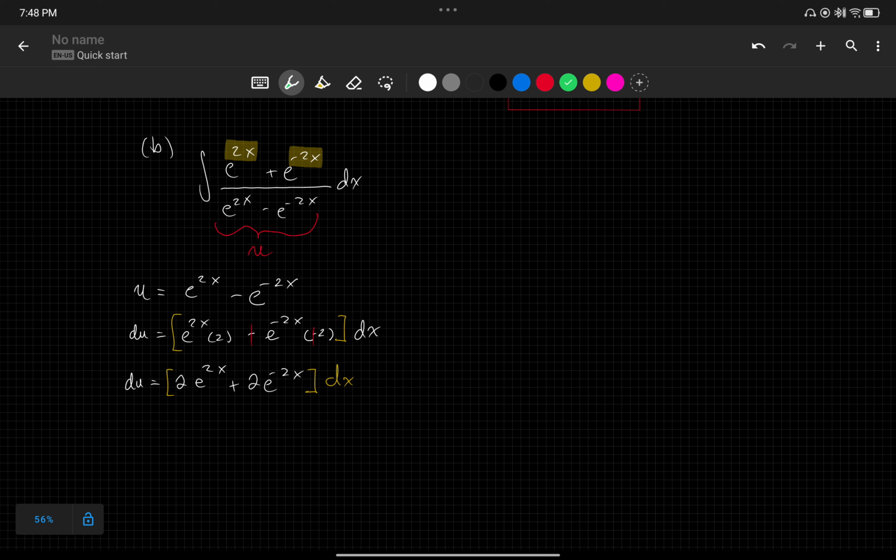Well, since we have to replace equals for equals, looking at the numerator over here, it looks very much the same except that we have an extra 2. So I guess let's make the 2 go away. Divide both sides by 2. So then du over 2. And now you get exactly what's going to match.